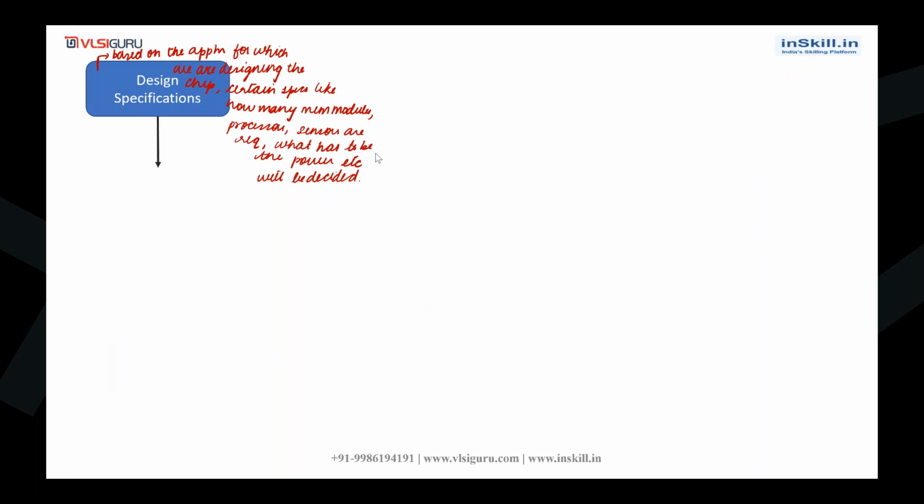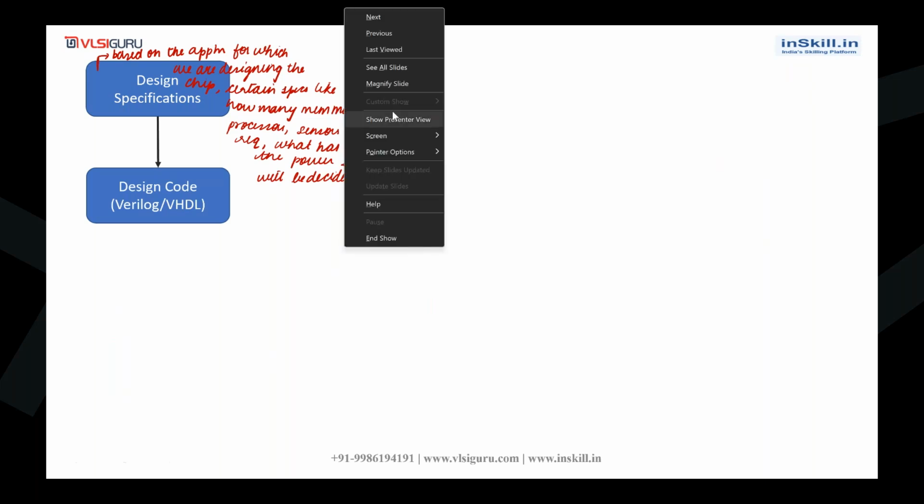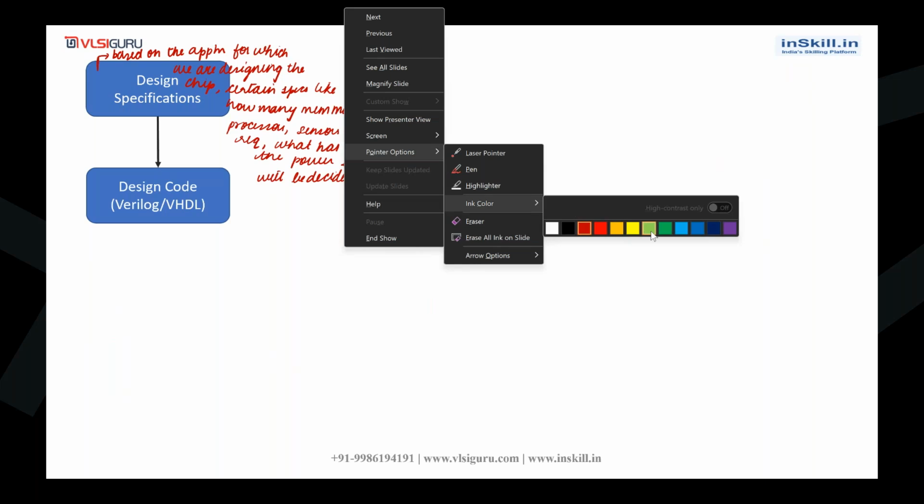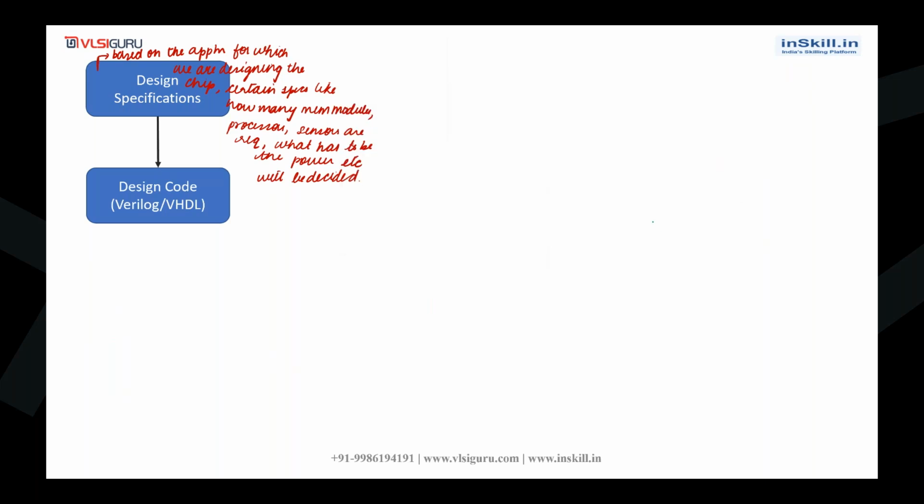Now after the design specification stage, we have the design code stage. In the design code stage, the design team will write the design code of the chip.